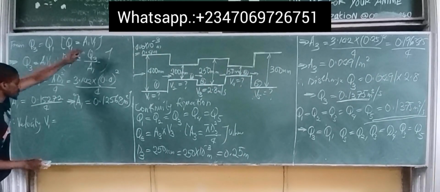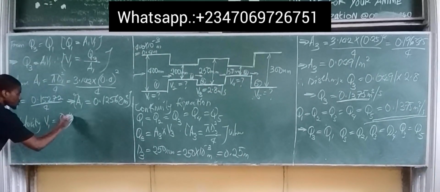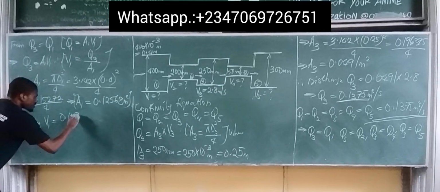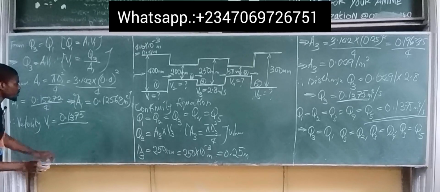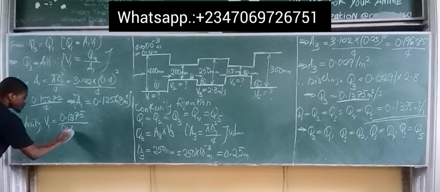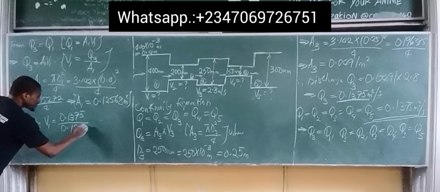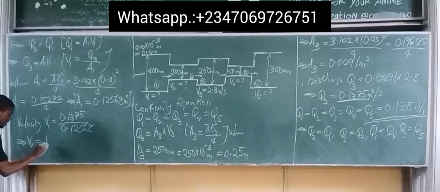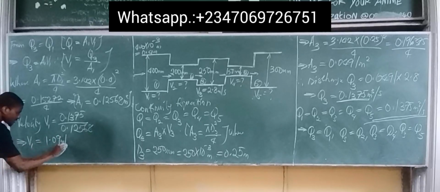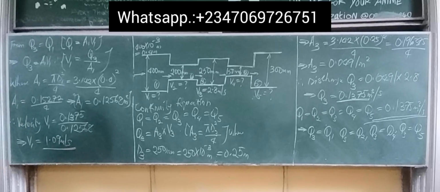So in place of Q3, we have 0.1375 all over the area of portion 1, 0.12568. This simply implies that velocity in pipe 1, V1, is now equal to 0.1375 divided by 0.12568. You have 1.09 meters per second. So this becomes the speed of flow in pipe 1.